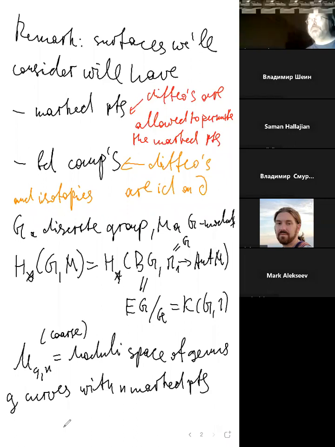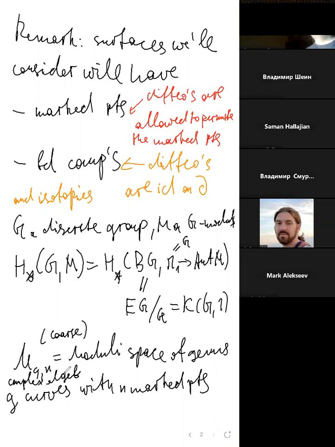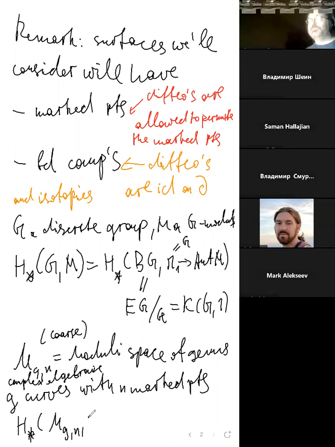Let's mention moduli spaces of curves, complex algebraic curves. My claim is that with rational coefficients we have this isomorphism, which is not at all true for integral coefficients.